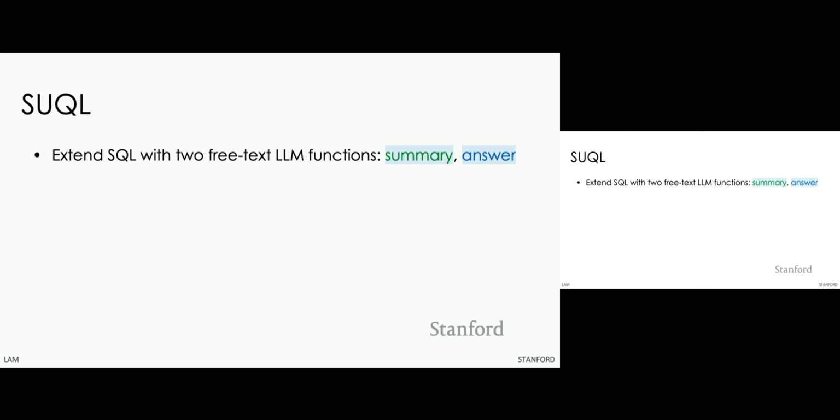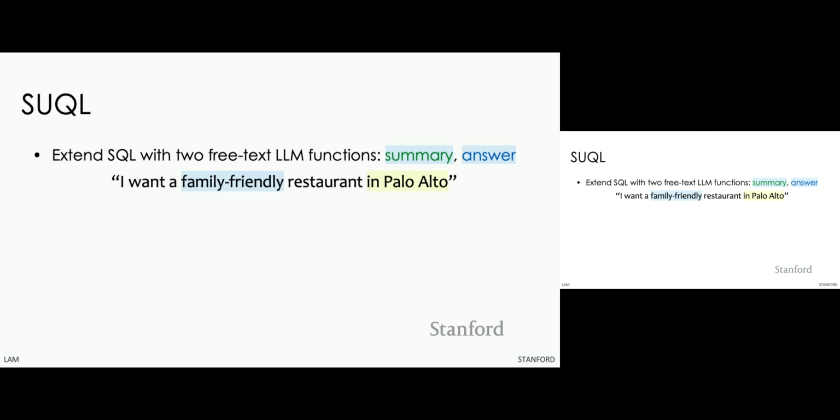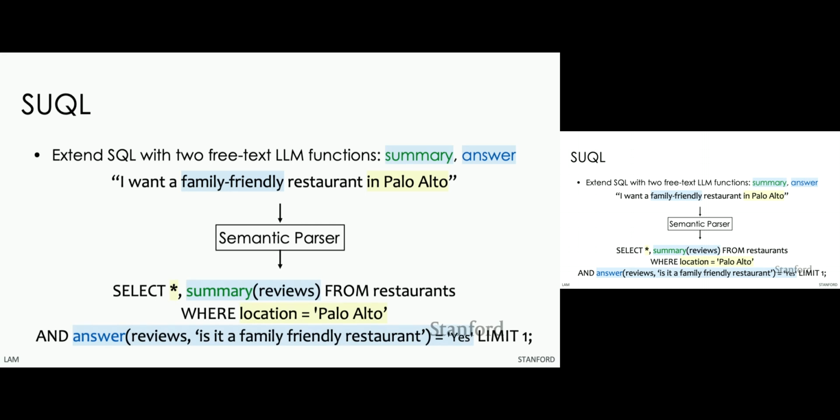Let's fold them together. Suppose I want a family-friendly restaurant in Palo Alto. The semantic parser will put it into this. This is the SUQL. We have only added two functions. SQL allows you to extend it with functions, so we extended it with a summary function and an answer function.